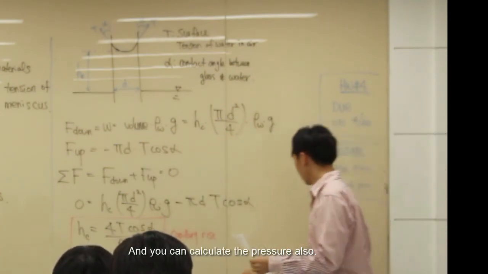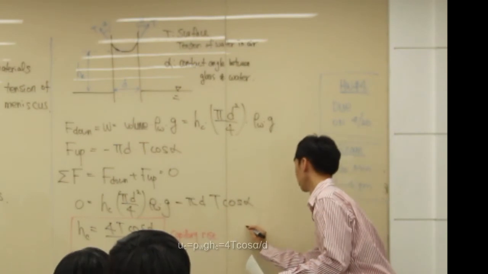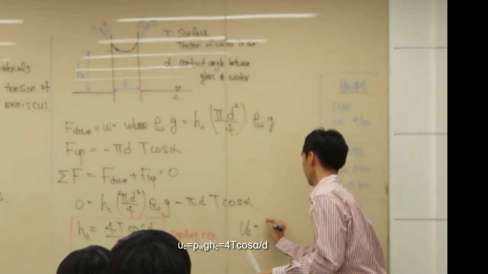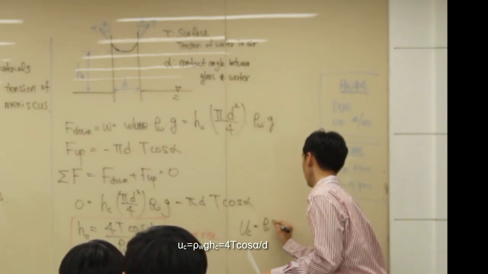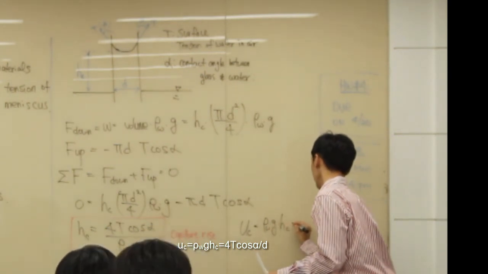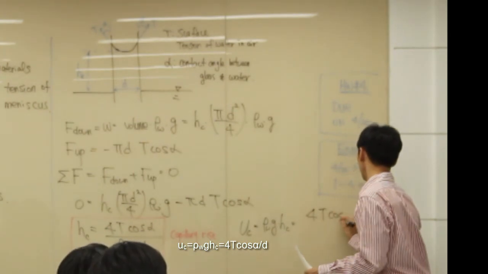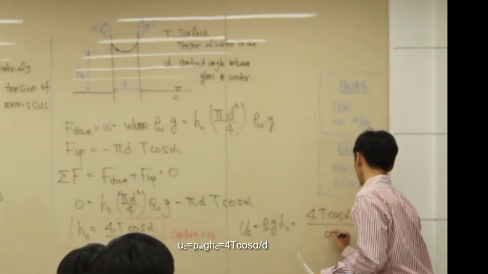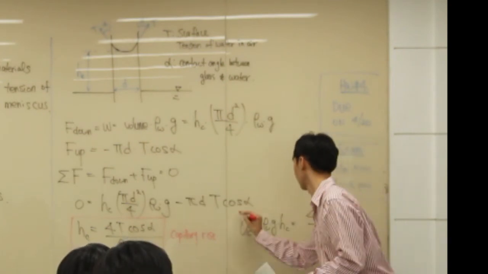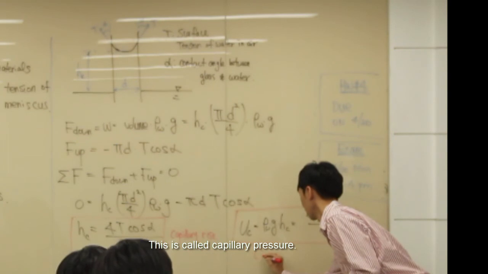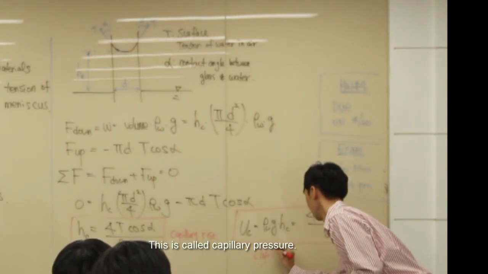And you can calculate the pressure also. Capillary pressure is density times g times HC. So that's going to be simple: T cosine alpha over, and this is called capillary pressure.